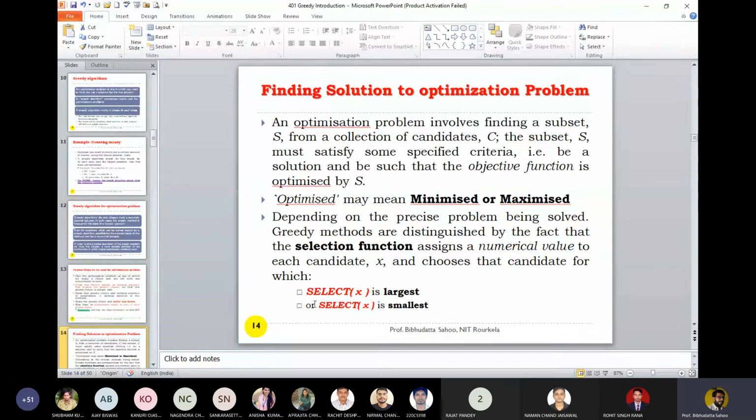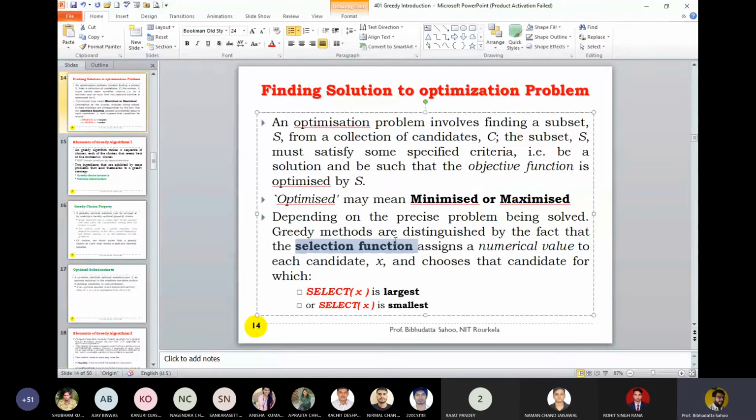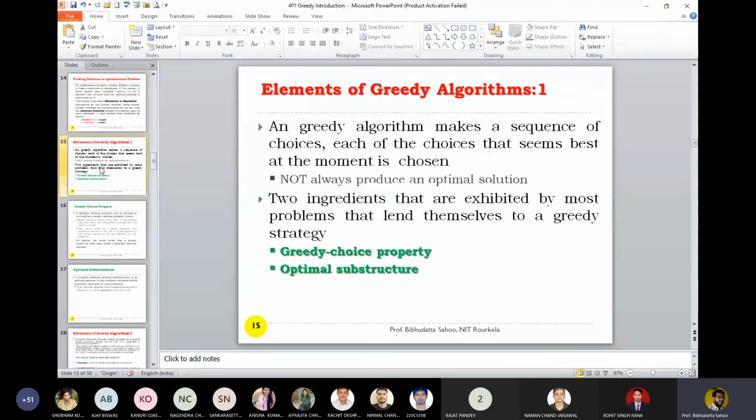Now we will quickly move into the important functions. There is a selection function, which selects the smallest or largest. This selection function needs to be defined. For the minimum spanning tree problem, what selection function needs to be defined? That is why we need to represent the problem with an objective function.